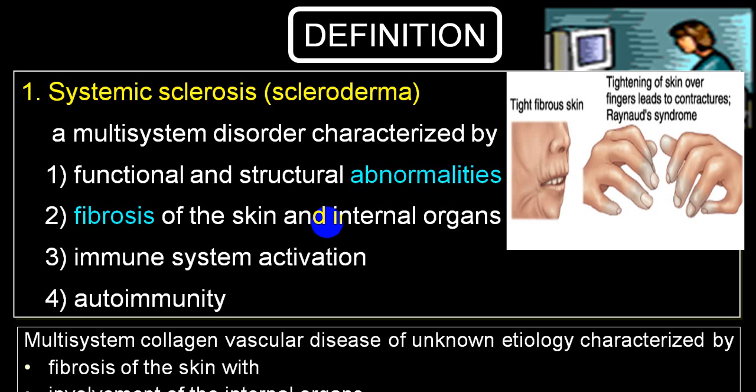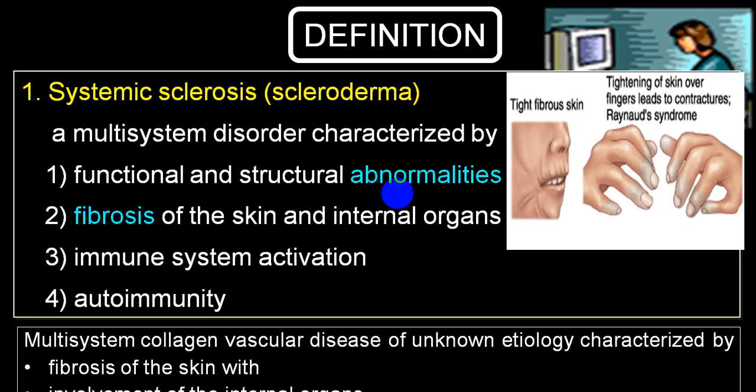By definition, systemic sclerosis or scleroderma is a multi-system disorder characterized by functional and structural abnormalities leading to fibrosis of skin and internal organs. It is immune system activated, and basically it is a variety of autoimmune disorder.